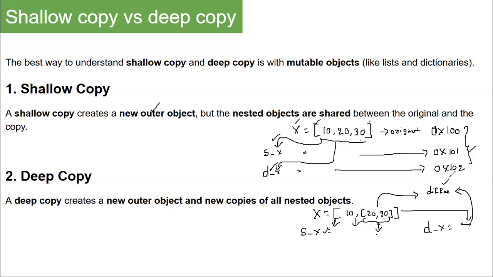I will take one simple example. Just try to understand the statements. Whenever I am using shallow copy, it will create a new outer object. Whenever I am using deep copy, at that time also it will create a new outer object. Now, whenever I am using nested objects, the nested data will be shared between the original and the shallow copy.